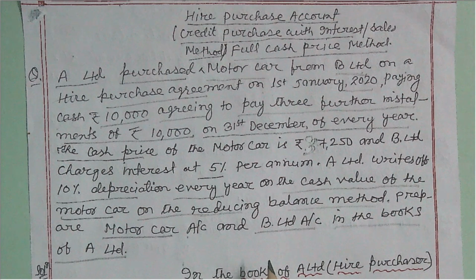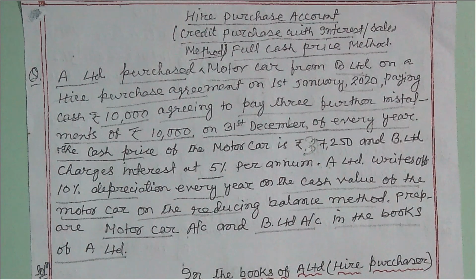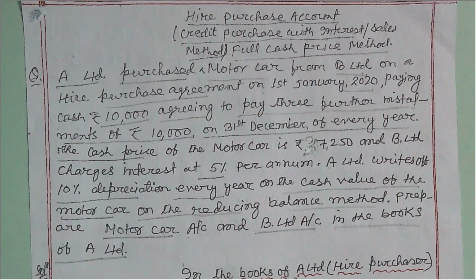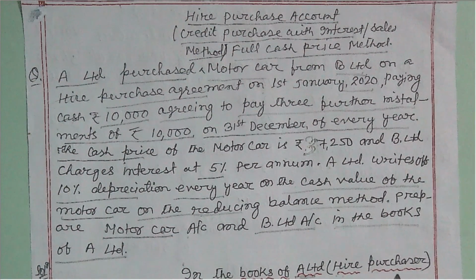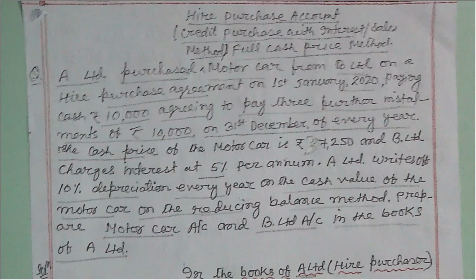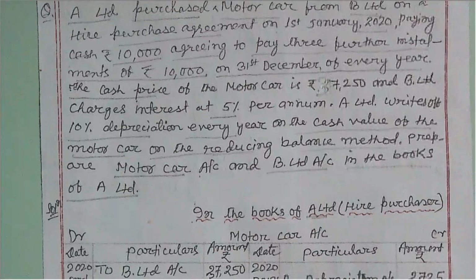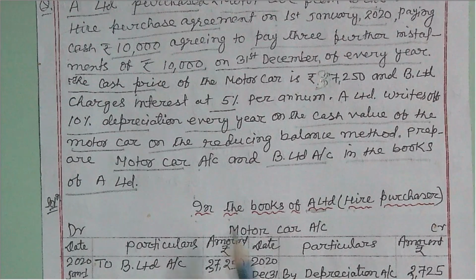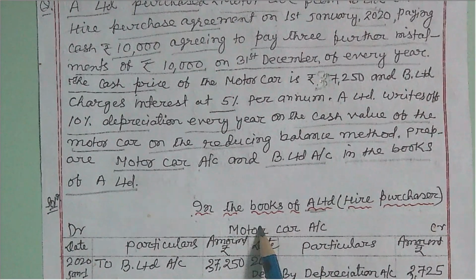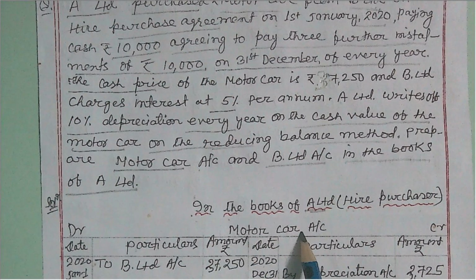Now the hire purchaser here is A Limited, so it is written in the books of A Limited, the hire purchaser. Now the motor car for A Limited is an asset. So, motor car account, asset.